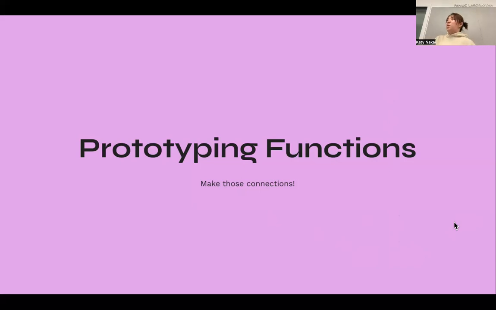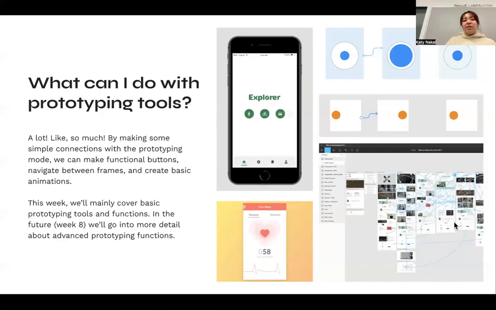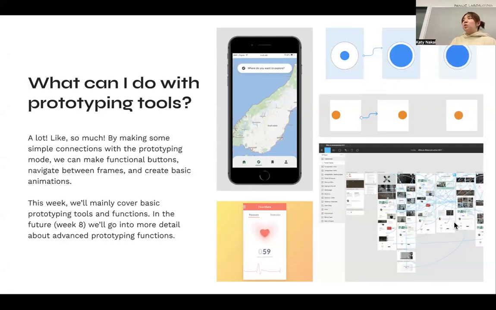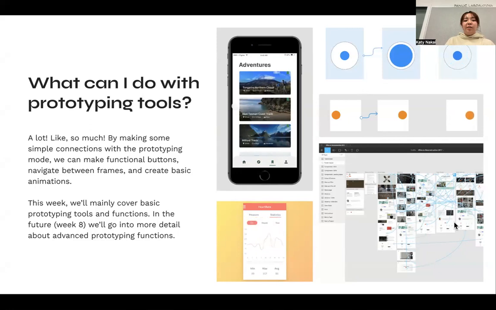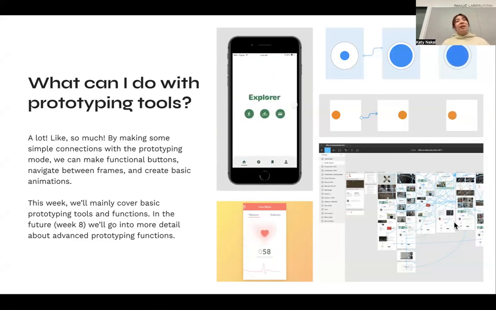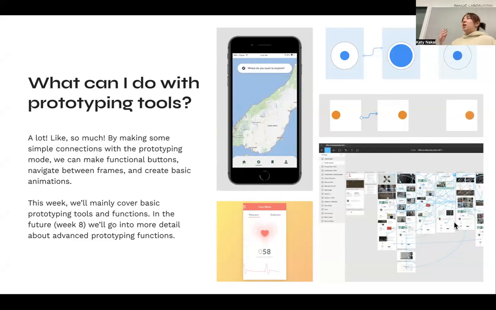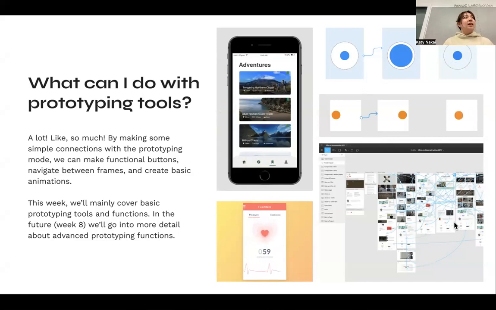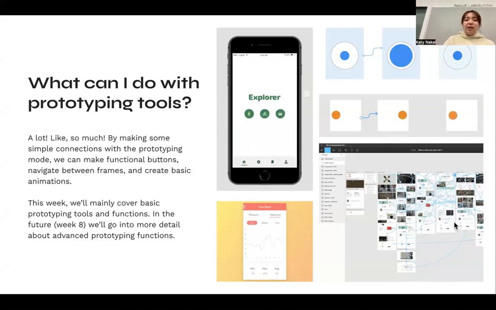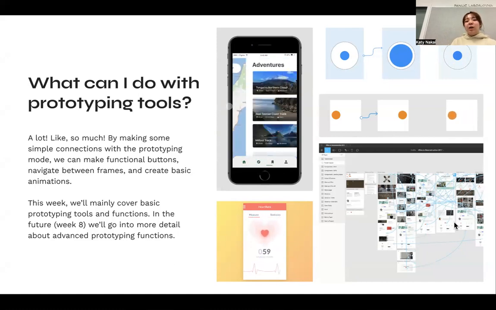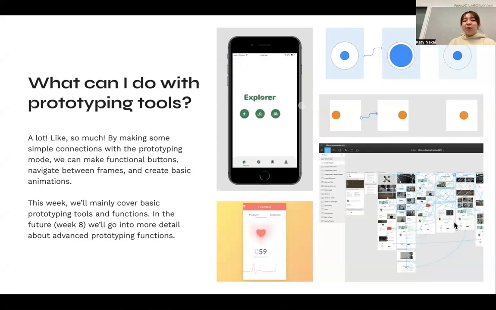Okay, now we'll talk about more like the prototyping functions, more of the details of it. So what can you do with prototyping tools? You can do a lot. You can make a fully fleshed out app or any kind of device or product. And it's pretty simple just by making these connections that we just learned about with the prototyping mode.